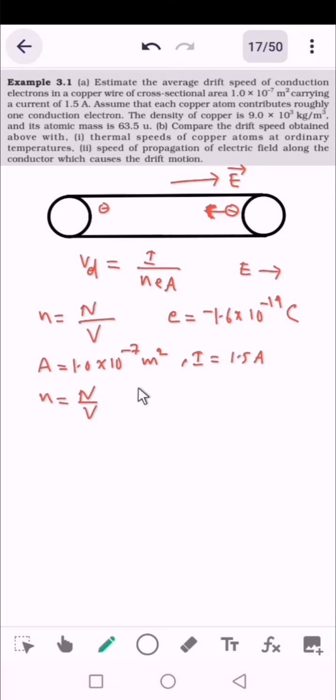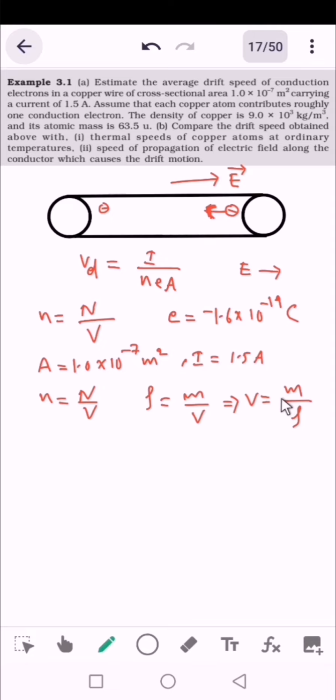And how can we find volume if it is not given? As we know, density is given by mass by volume. So from this, volume is mass upon density, and here the density is given.